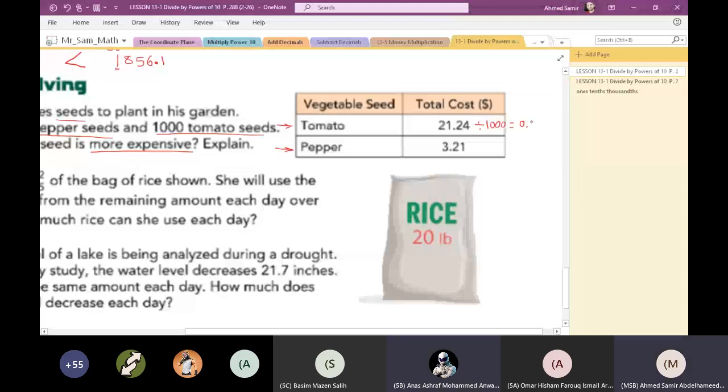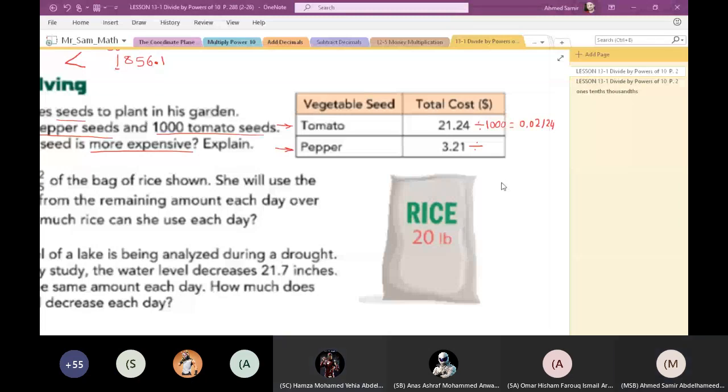All right. And the pepper, this one is coming from a different person. From 5C, I'm choosing Hamza Muhammad Yahya. Yes, Hamza, help me with this one, please.